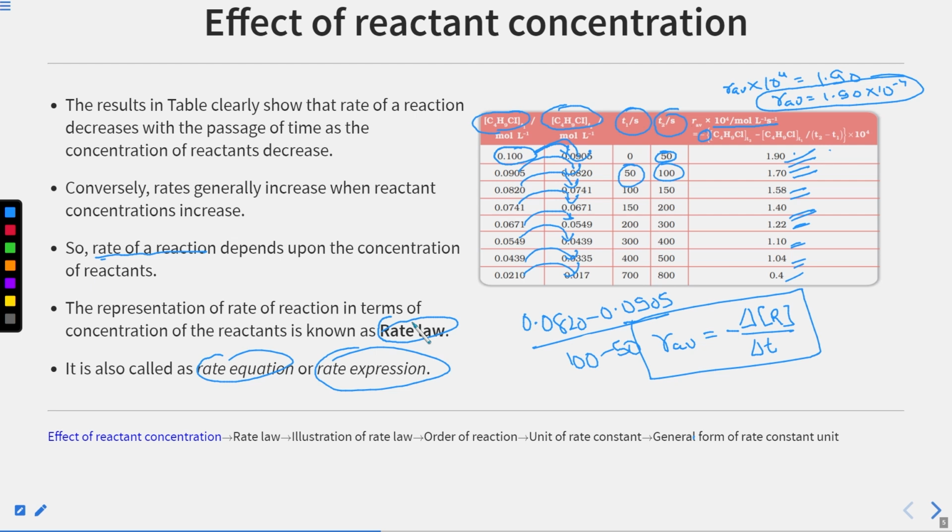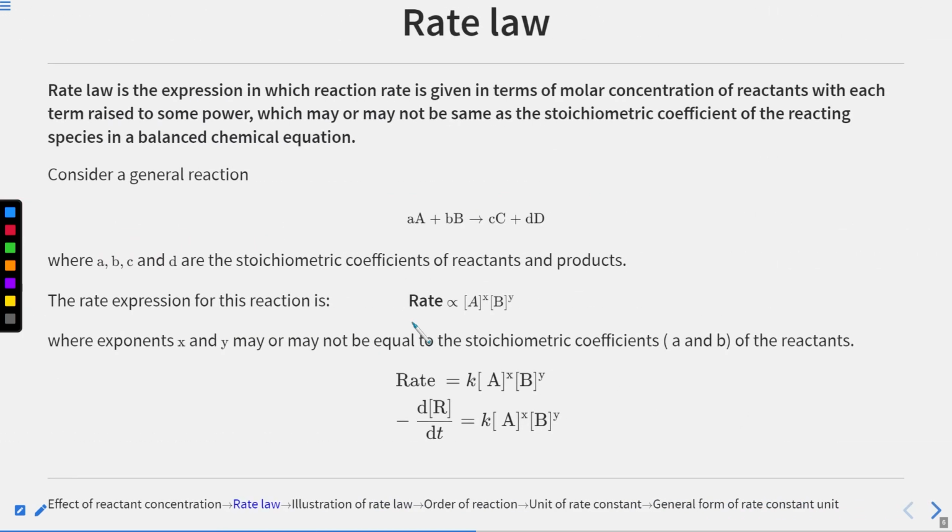What is this rate law implying? The definition of rate law says that it is the expression in which the reaction rate is written in terms of the molar concentration of reactants only, not products. Remember this: rate law can never be written in terms of product. It is always written in terms of reactant.